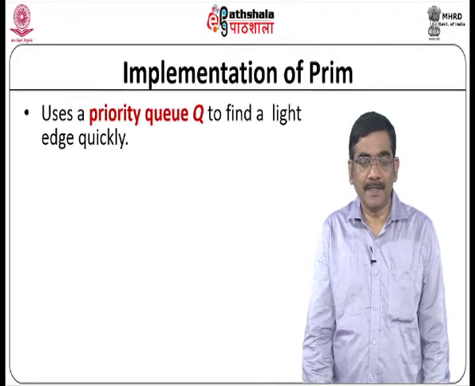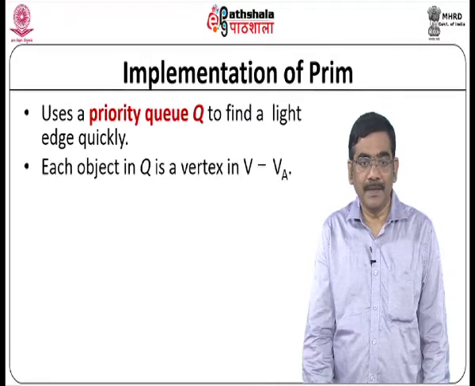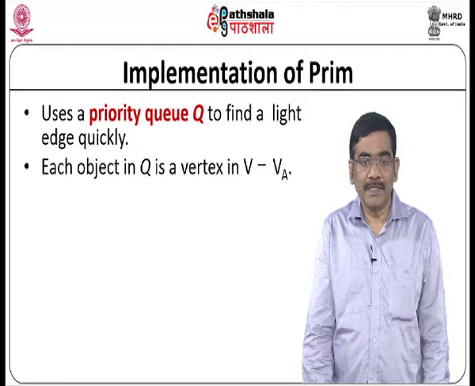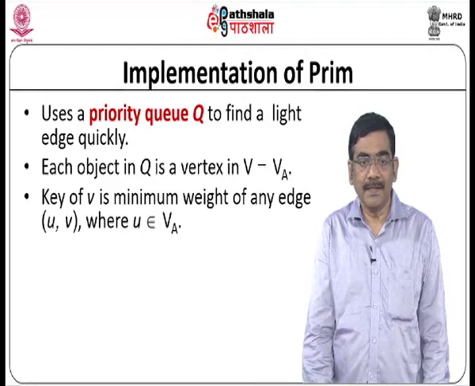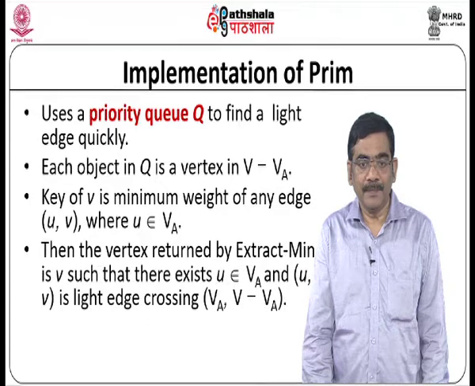So, it uses the priority queue, where each object in the queue is a vertex. I am taking the key, which is the minimum weight of any edge.